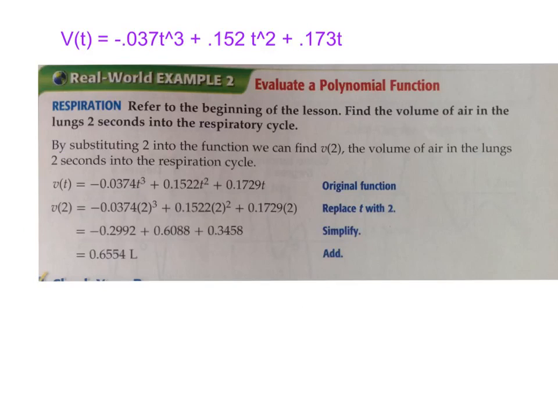All right, real world example 2. Before you begin this example, notice something is a mistake in the book. They say refer to the beginning of this lesson and find the volume of air in the lungs 2 seconds into the respiratory cycle.